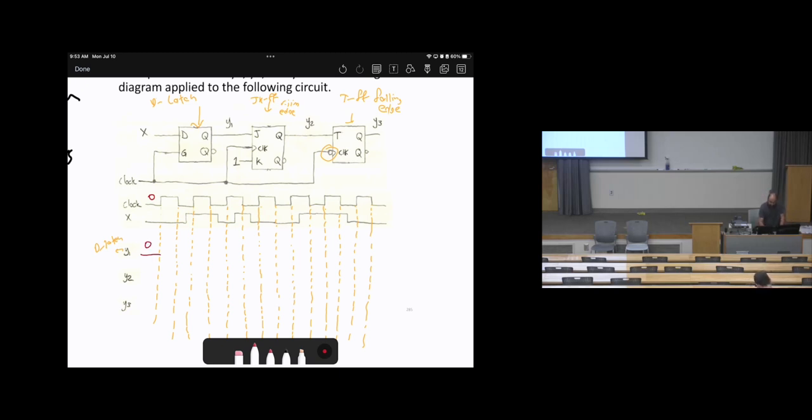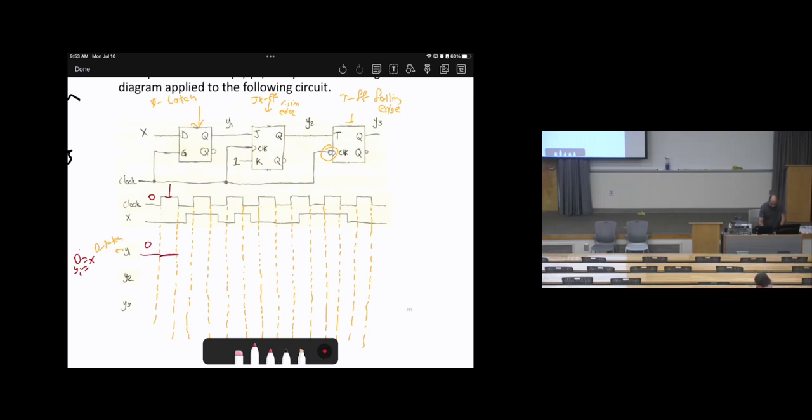Then the on time, which is when the clock will be on, will copy what's x, because D, or the function D equals X, or y1 equals x during the clock on. So we will copy the waveform of x, which here is 0.